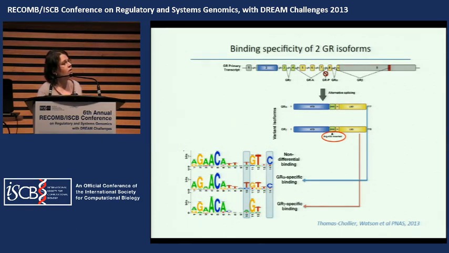Here, this is the alpha isoform, and this is the gamma isoform, and there are just these 2 differences in this position and this position, and this actually affects the way those isoforms bind. So we believe that the GR motif itself can be important for the regulation by this factor.